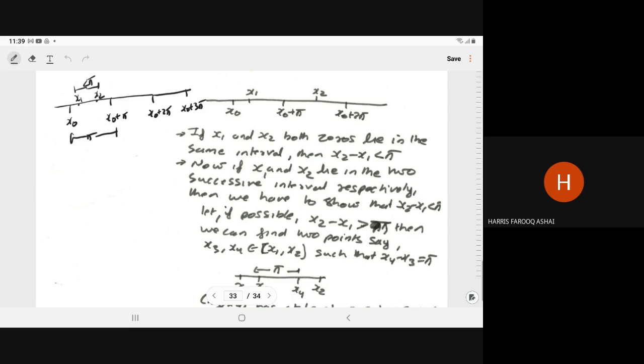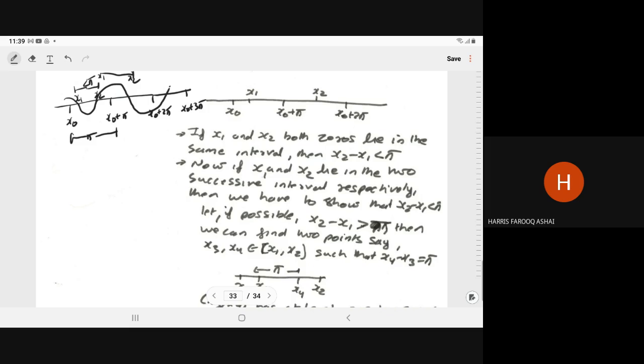Now, let's say here we have the graph, at least one. Let's say this is x1 and this is x2. So now x1 and x2 are in different intervals.